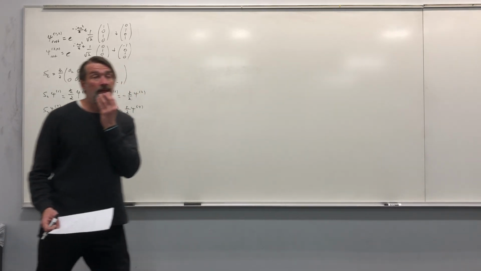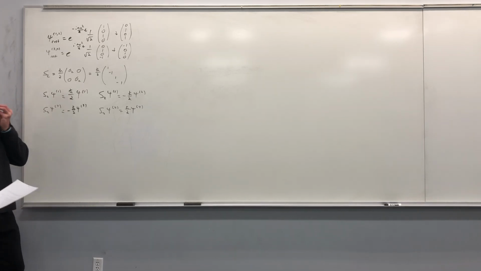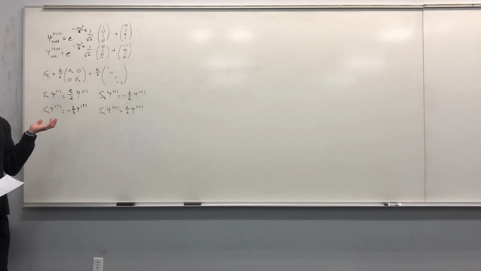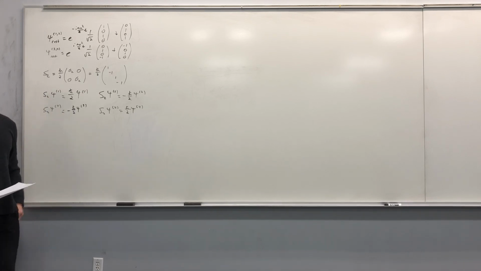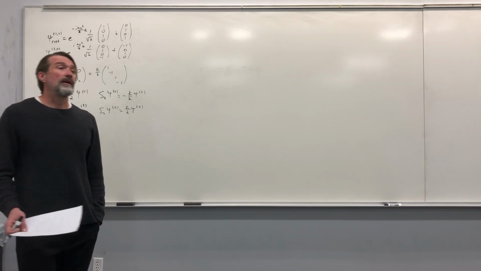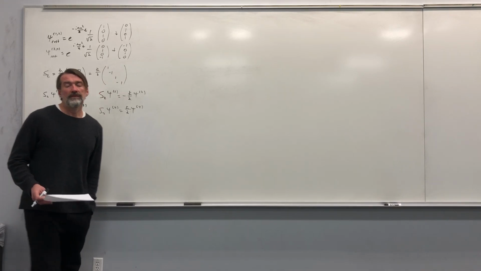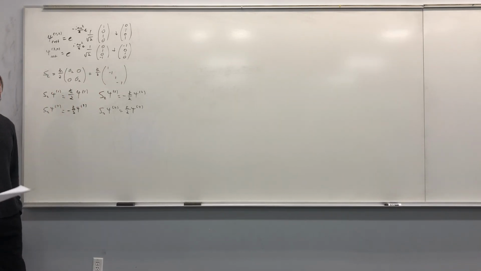To describe something in motion, you can't pick the super simple four-momentum of the rest frame, where only the 0th term is non-zero. But you can assume a relatively simple form, a plane wave solution. So we're going to write down, not solve, the solution to the Dirac equation assuming a plane wave form.